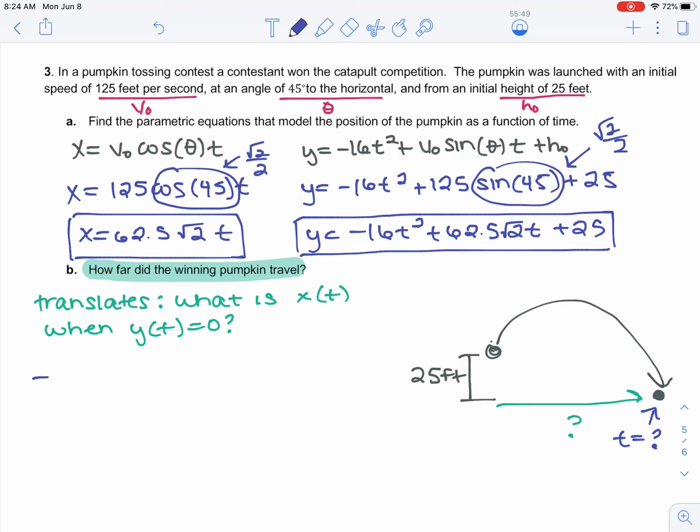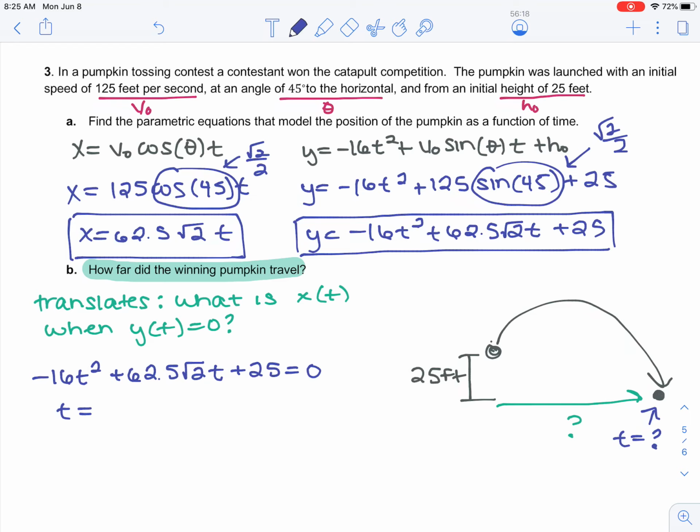So we'll take our vertical equation to start, our negative 16t squared plus 62.5 root 2 t plus 25, and we'll set that equal to 0. Just like above, the quadratic formula is going to be your best bet here. I'm not going to write out the details. I think that's something that you guys can handle at this point. But keep in mind, you'll have two answers and we're going to need to figure out which one to use.